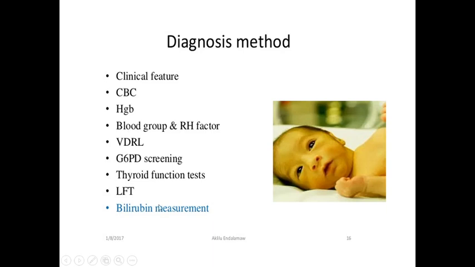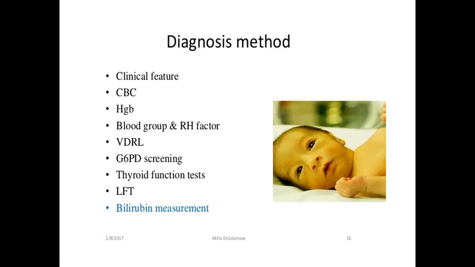Then another important test is the thyroid function test, TSH. That is because thyroid hormone deficiency can also give rise to this yellow discoloration, but it's not jaundice. It is important that you do this test, because if it is due to low TSH, then the child is going to develop mental retardation.